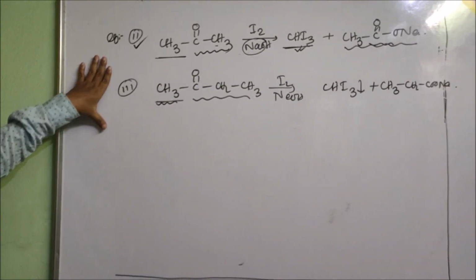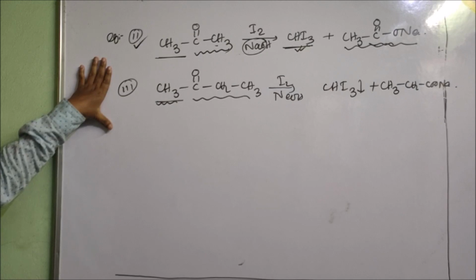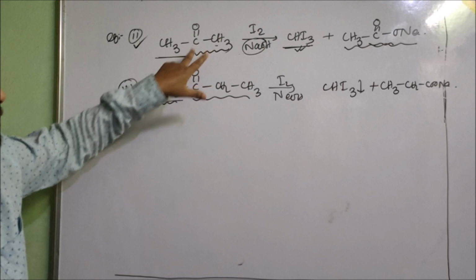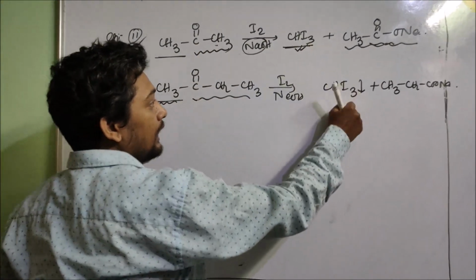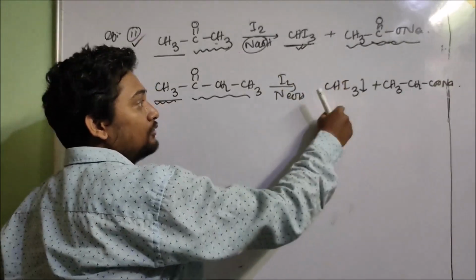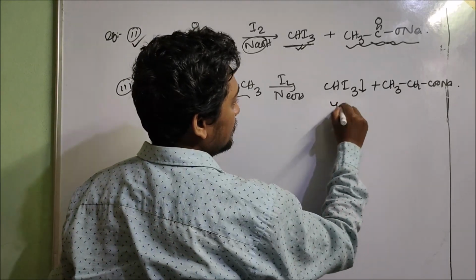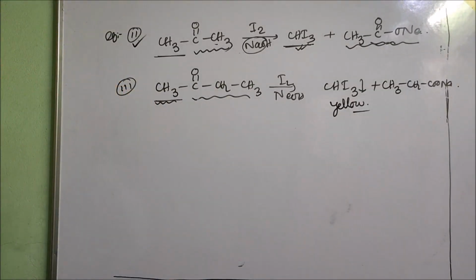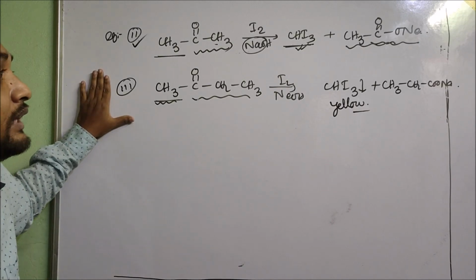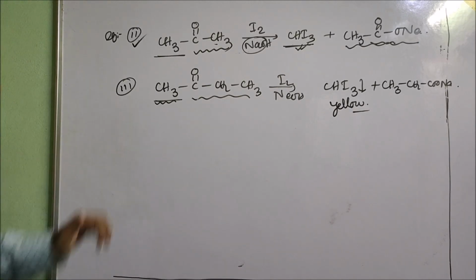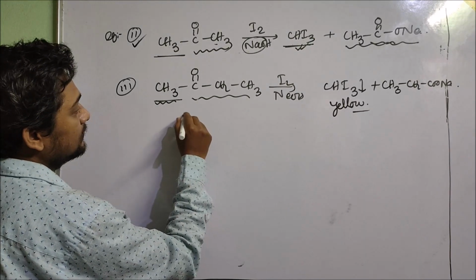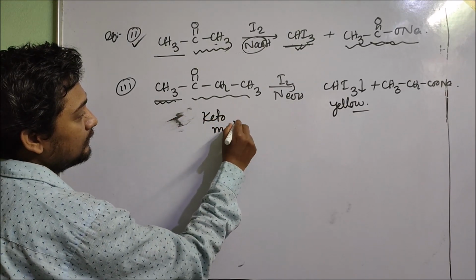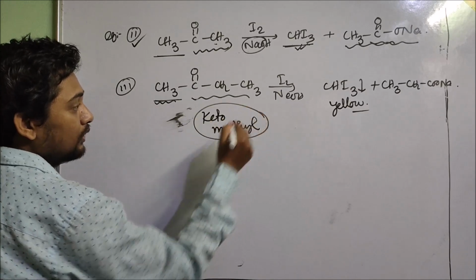So these are some examples where an organic compound containing a carbonyl group produces iodoform, which is yellow in color. By this reaction, we can identify whether any compound contains a keto-methyl group or not.